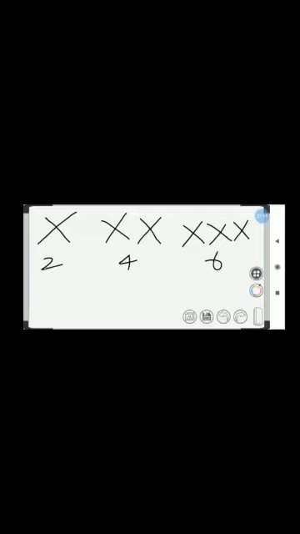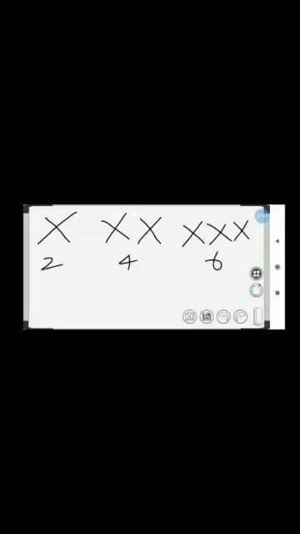Now I'm going to ask one more question. Here, see, this is the letter x. While forming the x I required 2 matchsticks. While forming 2x, 4 matchsticks are required. When forming 3x, 6 matchsticks are required.